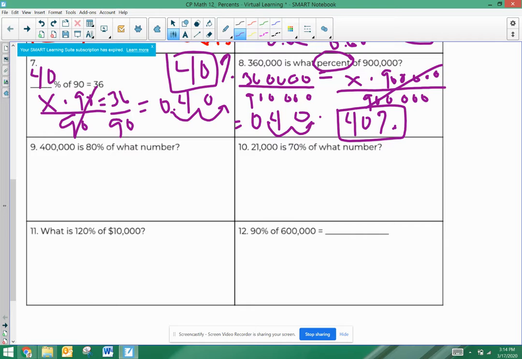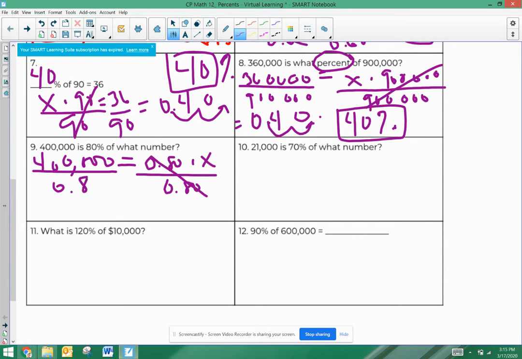400,000 is 80% of what number? So 400,000 equals 80%, so I convert that to the decimal, of what number? So I know the number is going to be bigger than 400,000. I'm going to divide both sides by 0.80. I'm going to guess that it would be 500,000.